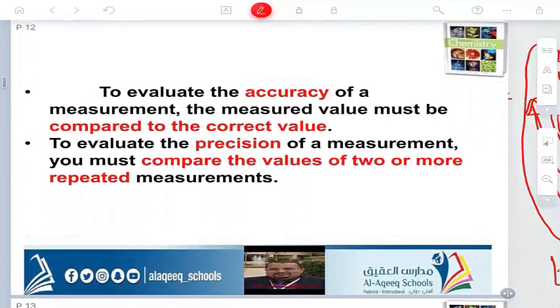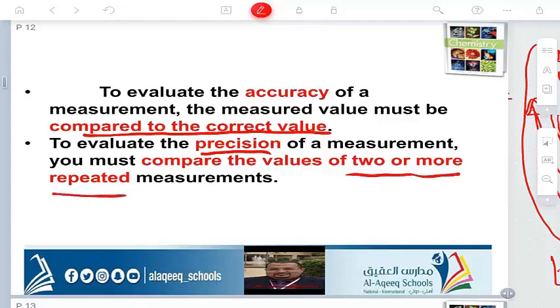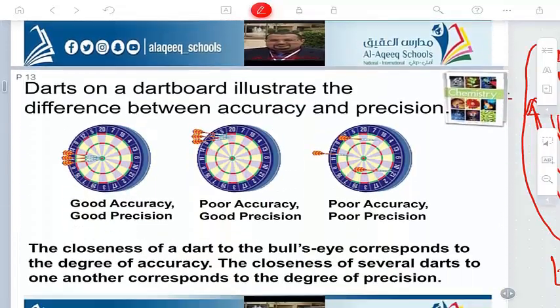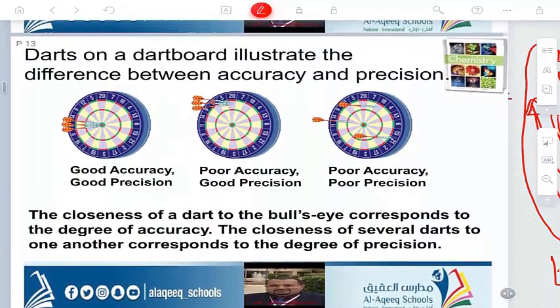To evaluate the accuracy of a measurement, you have to compare this value to the correct value. At this moment, you can say it has accuracy or good accuracy. But to evaluate the precision of a measurement, you have to compare the values to one another, if it's repeated or not. Look at this diagram and you will see the meaning.